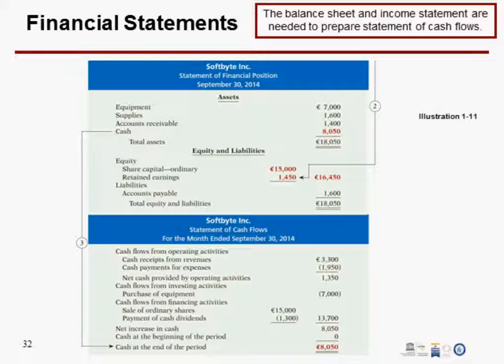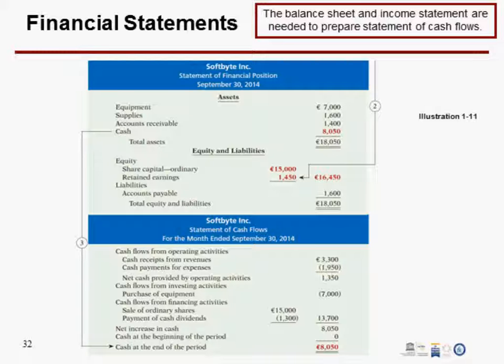So for this case, they received 15,000 from selling stocks to Ray and Barbara Neal. That is share capital, right? And then at the end of September 30th, the company pays a dividend of 1,300. So 15,000 minus 1,300, the net cash from financing activities is 13,700.